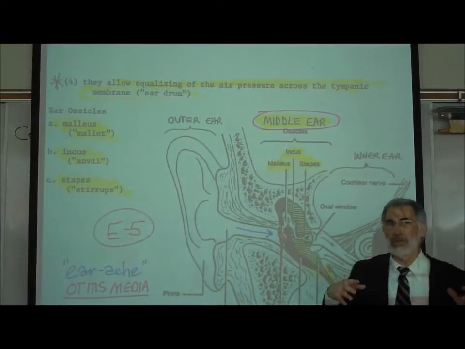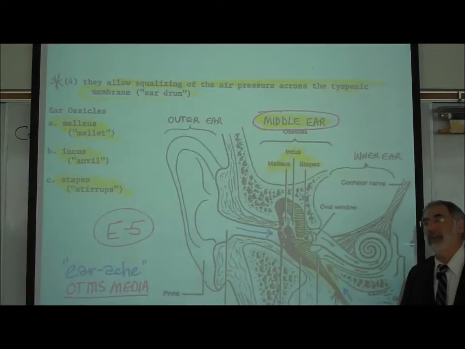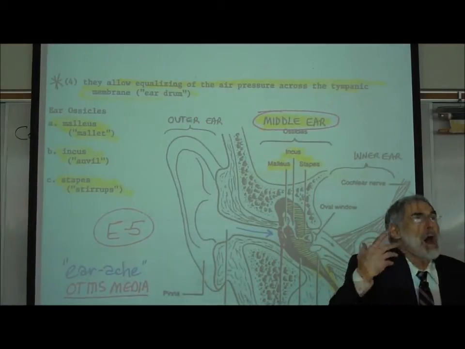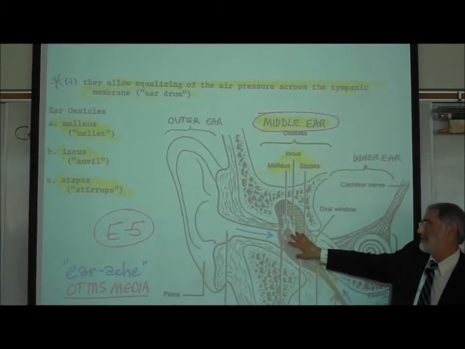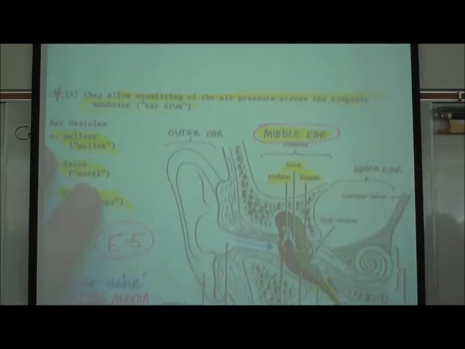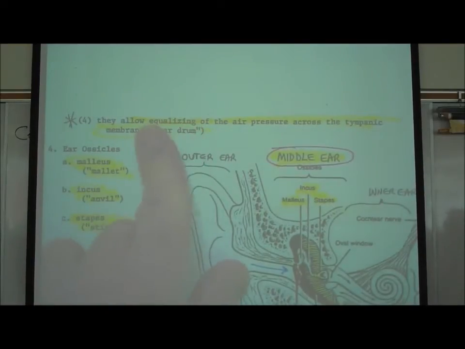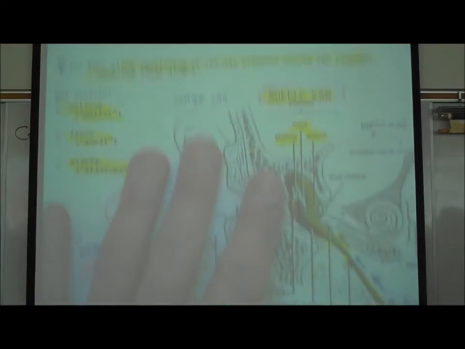You may hear sound as if you're inside of a barrel, or you may feel a popping sensation in your ears. That occurs when the air pressure in the middle ear is different than the outer ear. What I just said is written right here. The purpose of the middle ear is to allow equalizing of the air pressure across the tympanic membrane.